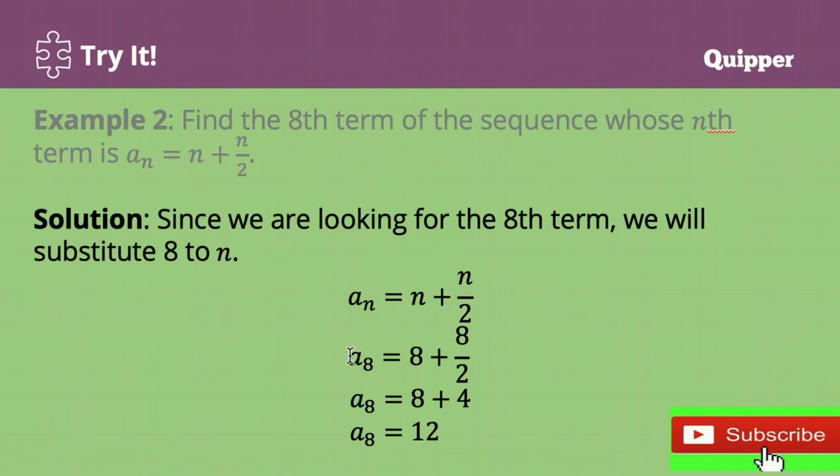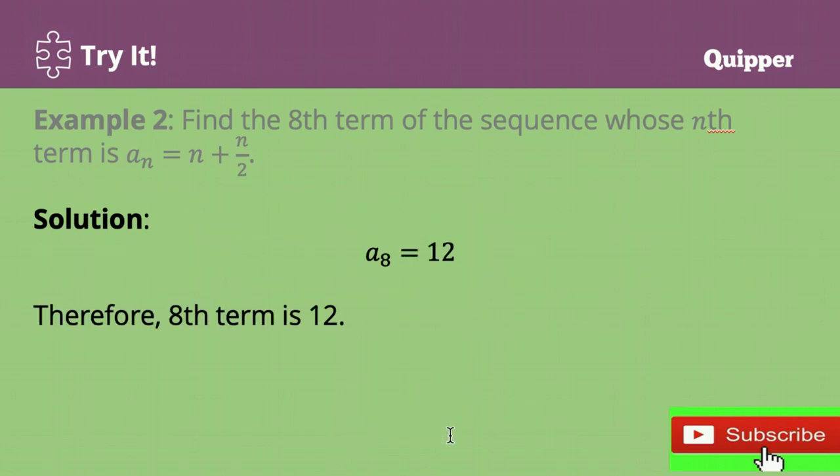So substituting 8 here in our expression, we have the 8th term is equal to 8 plus 8 over 2. Then simplifying 8 over 2, we have 4. Then adding 8 plus 4, we get 12. Therefore, the 8th term is 12.